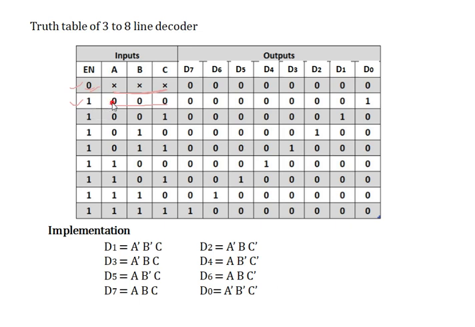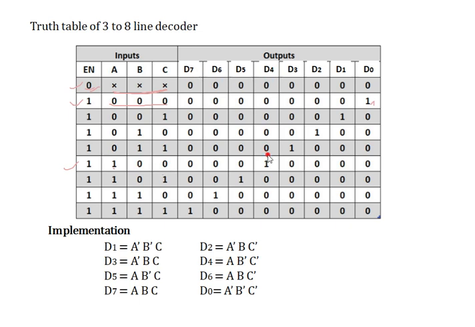Enable is 1 and input is 0, 0, 0 means 0. So check for 0. Here I have 0, so place 1 here and the remaining are all zeros. Consider this one. Enable is 1, and 1, 0, 0 means 4. Check for 4.